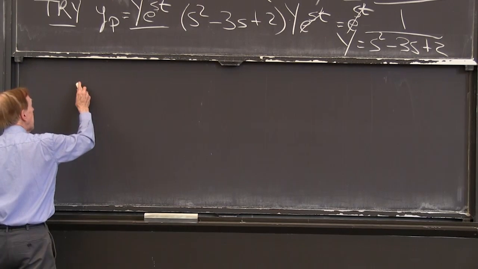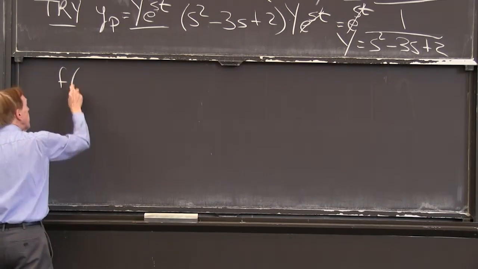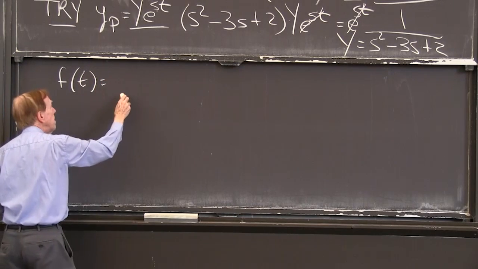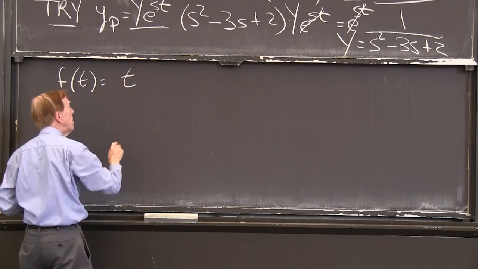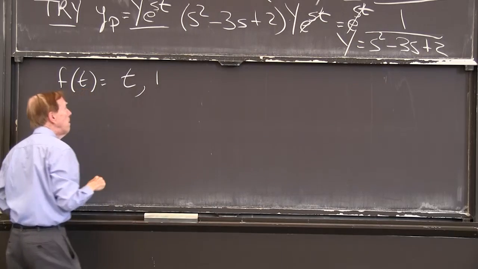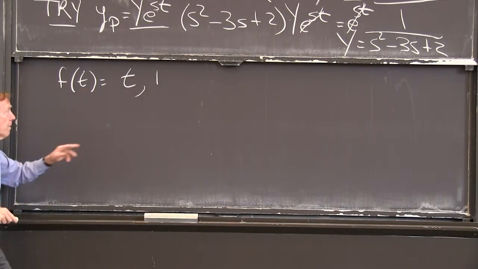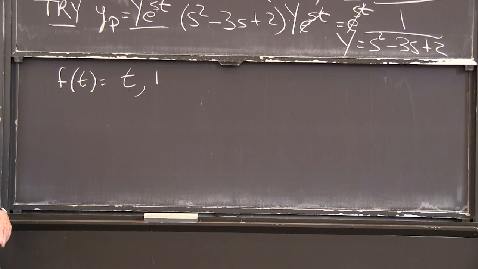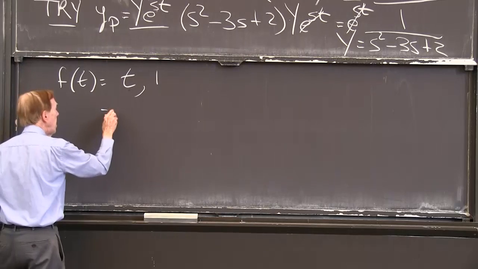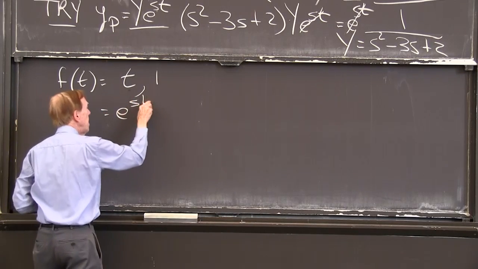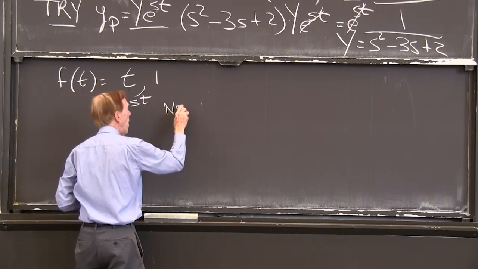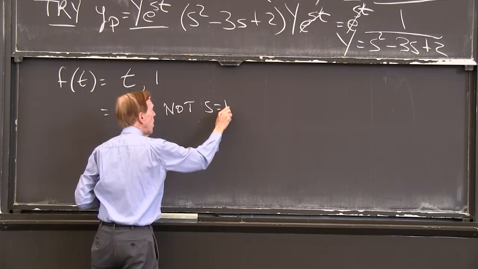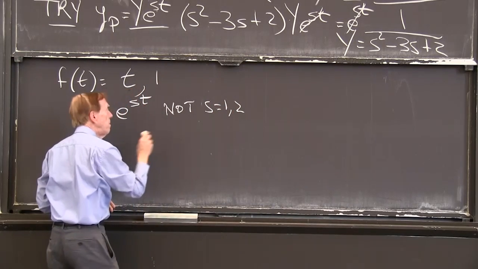So polynomials like the forcing function could be t, could be 1, constant. That would be like a ramp. That would be like a step function. They could be e to the st, but not s equals 1 and 2 in this problem.